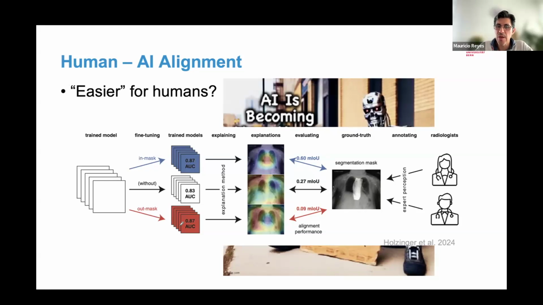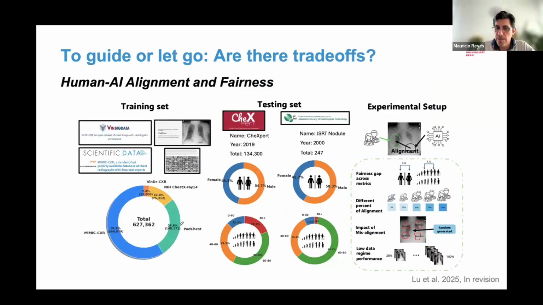There has to be a catch. There has to be a trade-off between alignment, human-AI alignment, and different dimensions. I want to show you briefly one result. Here is a study where we are actually aligning models, and then we were analyzing how this amount of alignment, no pun intended, aligns with metrics in fairness.